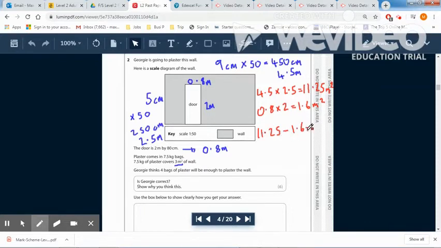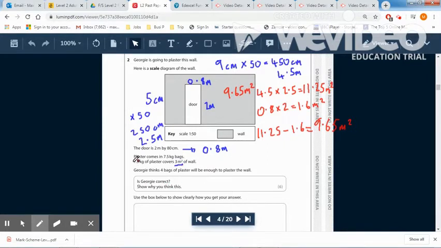If we work that out, that gives us 9.65 meters squared. So the total area is 9.65 meters squared.